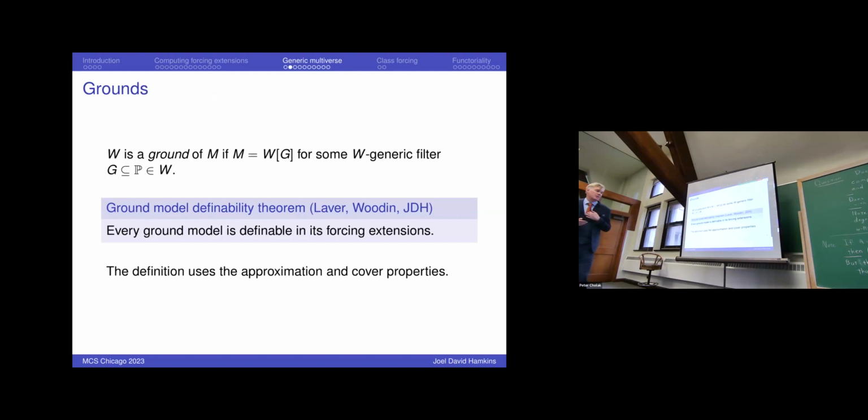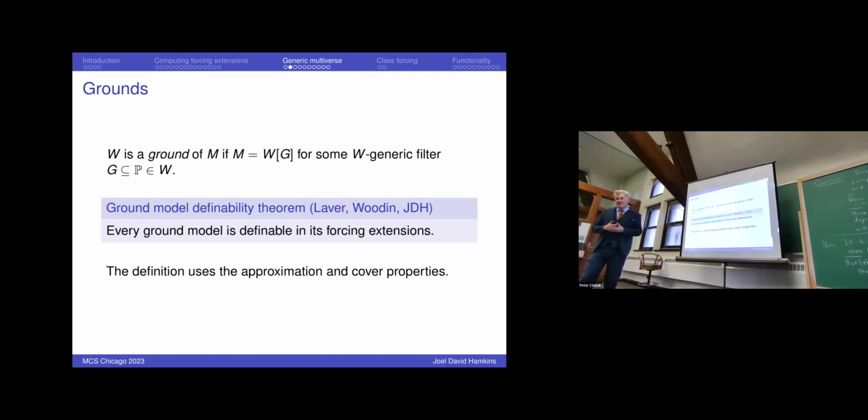The definition of the ground model uses the approximation and cover properties, which are concepts that I had introduced in a paper of mine called Forcing Extensions with Approximation and Cover Properties. Richard Laver saw that paper and noticed a certain consequence, and he had proved the ground model definability theorem, and he wrote to me and said, "Oh, I have this theorem."